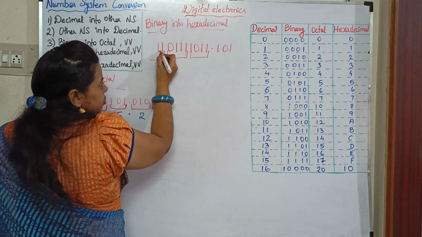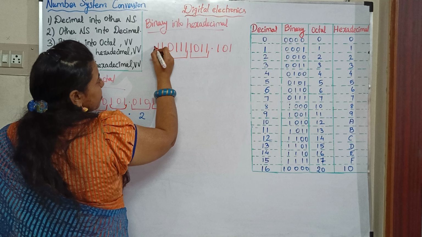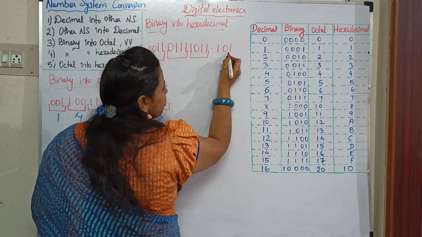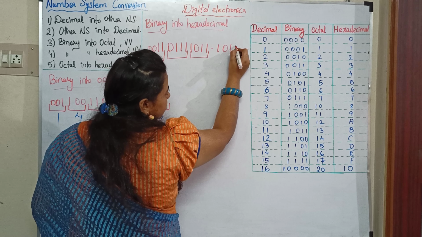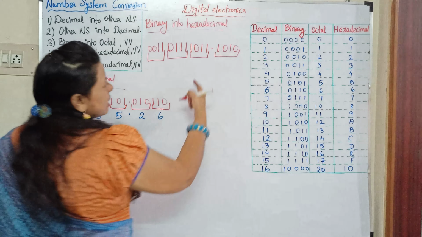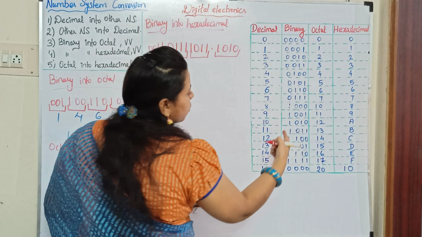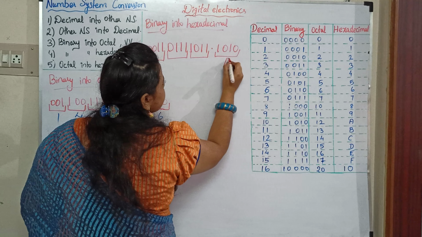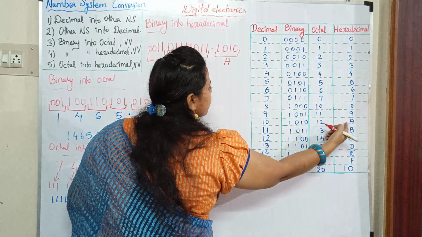Here you have only 2 bits, so to make 4 bits add 2 zeros, and here you have 3 bits, to make 4 bits add 0 here, and now tell the value. 1010 means A. Okay, hexadecimal value 1010 is A.